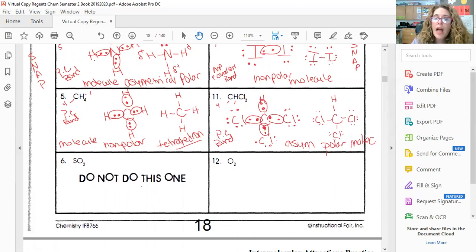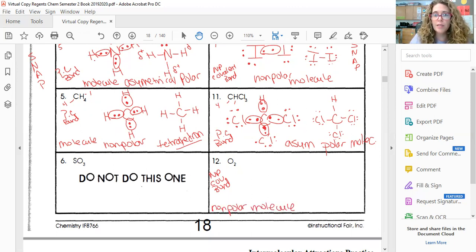All right, now our last one, oxygen. So this is our nonpolar covalent bond because I have 2 of the same nonmetals with the same electronegativity. So I already know if it's a nonpolar covalent bond, it's going to be a nonpolar molecule.